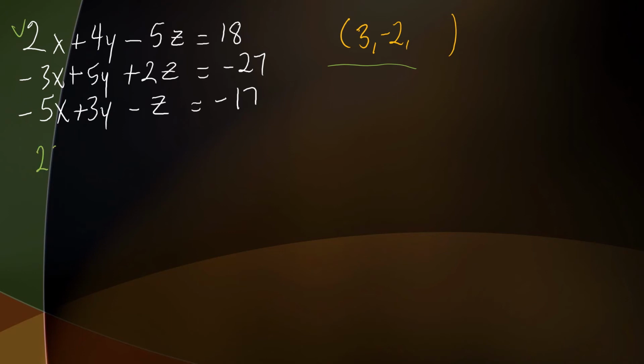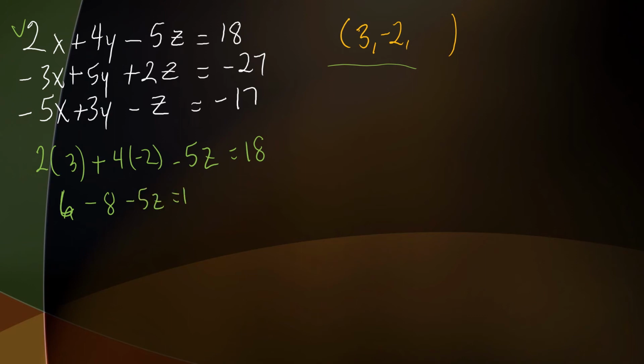So I got 2 times 3, I'm substituting in 3 for x, plus 4 times negative 2 minus 5z equals 18. All right, well, 2 times 3 is 6, and 4 times negative 2 is negative 8, minus 5z equals 18. All right, so 6 minus 8 gets negative 2 minus 5z equals 18.